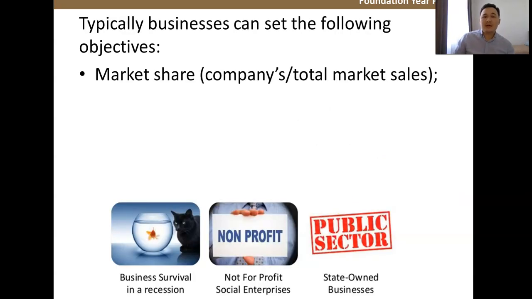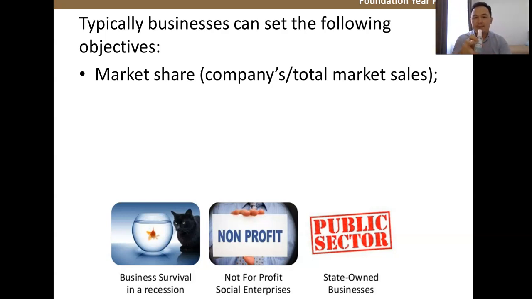So this is another measure of performance. Now, typically, businesses can set the following objectives. It's increasing the market share. Now, let's talk about market share. Let's say that there are lots of producers of sanitizers in Kazakhstan. In fact, there are more than 100 of them, okay? And let's say that the market is generating, for example, per year, I don't know, 5 billion tenge worth of sanitizers in Kazakhstan.